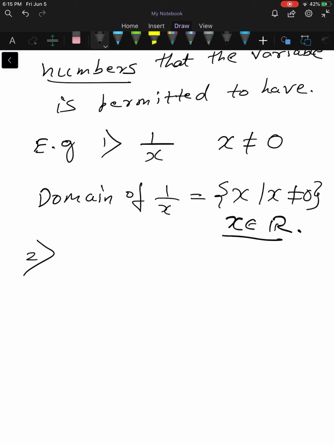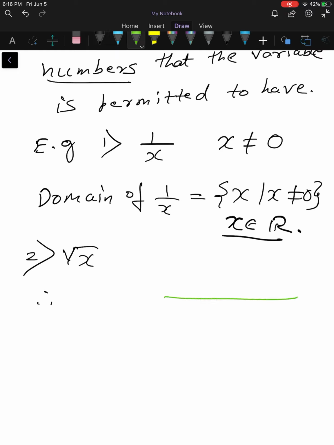So if I consider the next example, that is square root of x. Here again, when we were discussing radicals, I told you that square roots of negative numbers are not defined because we are working in the real domain. That is, we are working with the set of all real numbers only as of now. So x in the above expression cannot take negative values.